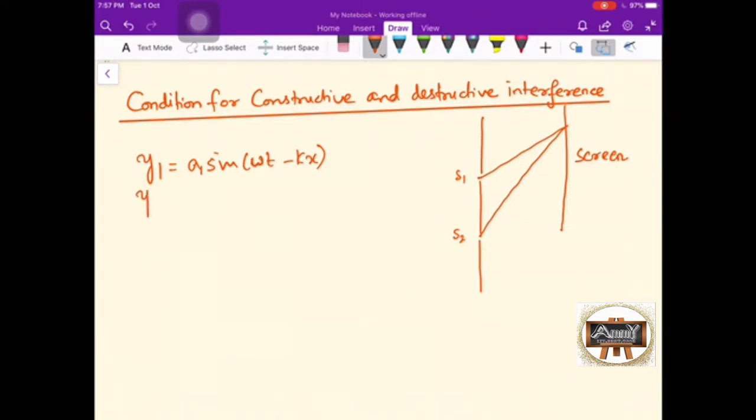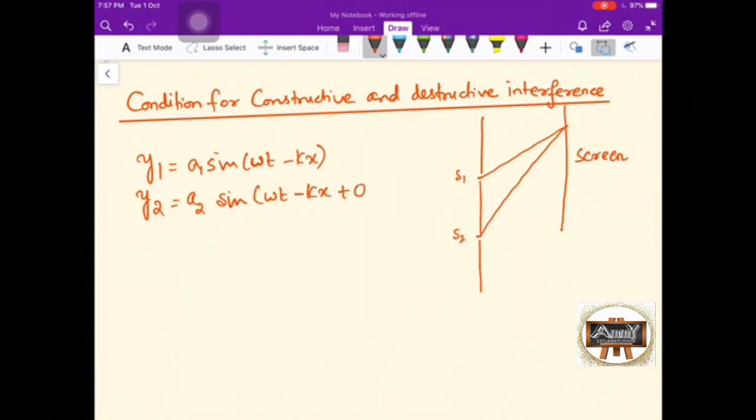Let there be a second wave coming from S2, represented by A2 sin(omega t minus kx plus phi). Here I have tried to show that phi is the phase difference between the first wave and the second wave. Now these waves are trying to interfere on the screen.